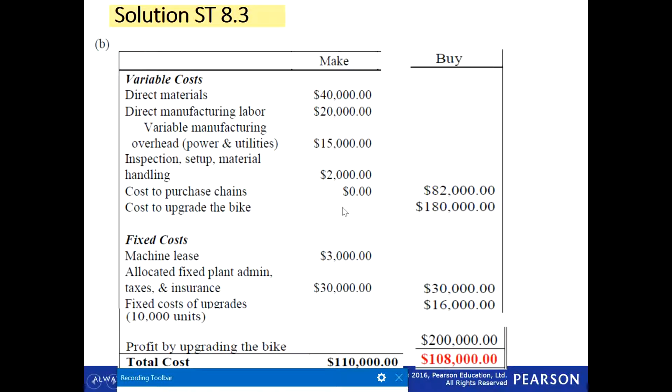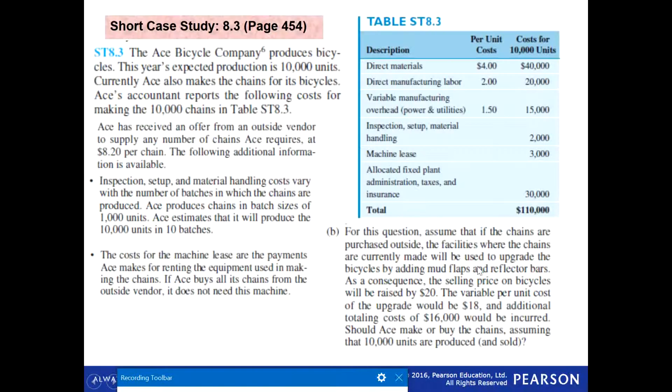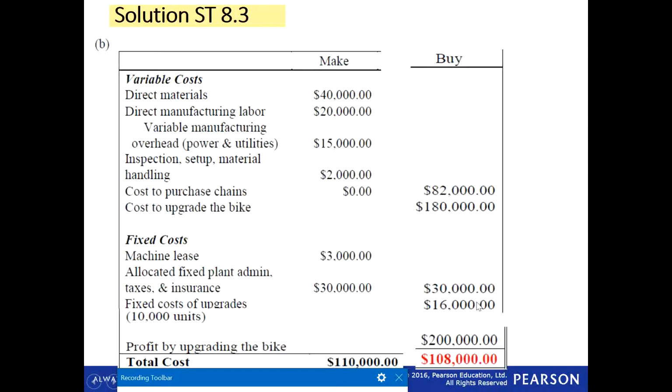So the cost to purchase the chain is 8.2 times 10,000. What is the cost to upgrade the bike? The variable cost was 18. If you remember the question, I'll just go back. This one, 18, variable per unit, this is the additional cost, which is 18 times 10,000, 180,000, right?